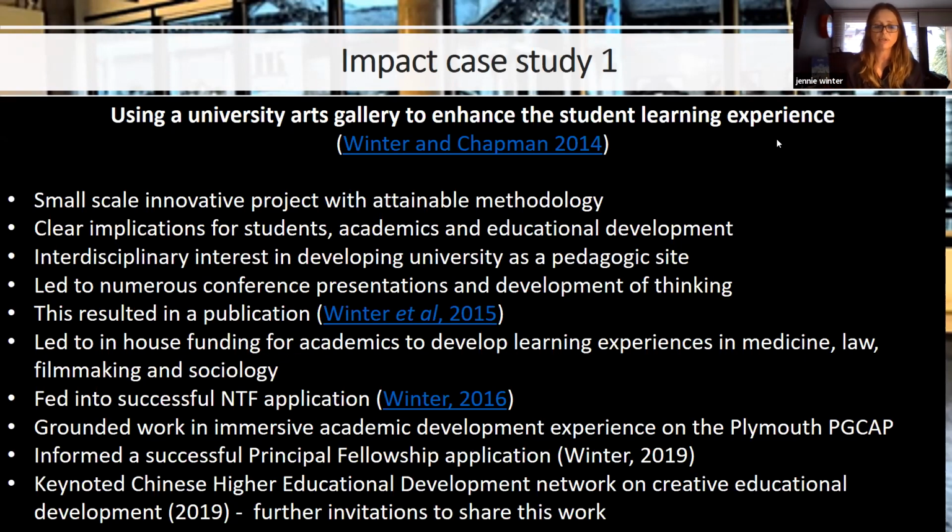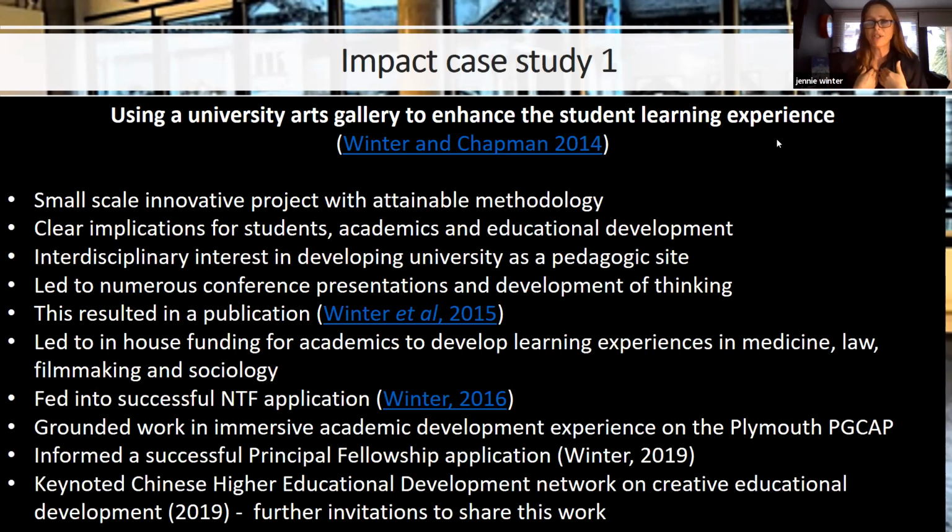From these very small beginnings, activities developed which included SEDA and other conference presentations, and a publication which started to gain quite a bit of interest. The project itself was celebrated within the institution, and it gained interest from quite a few members of staff who started wanting to replicate it.